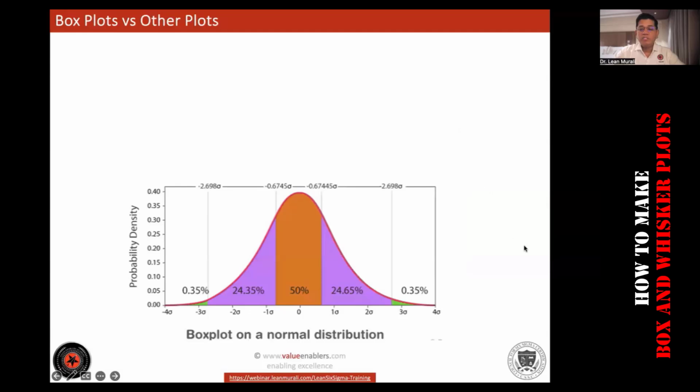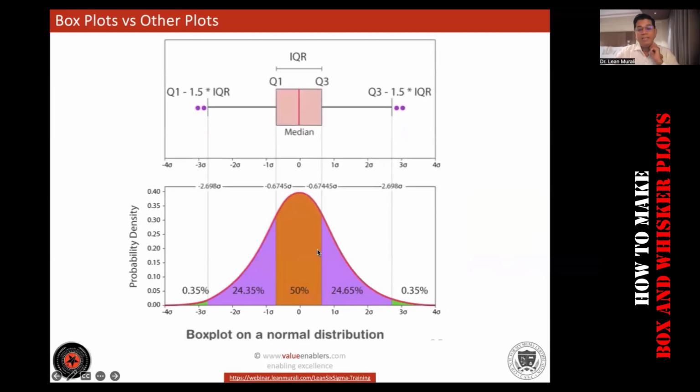The standard bell curve, if you want to convert that into a box plot: in the standard normal distribution, the center one is the median and mean, the 50% here is the interquartile range in the box plot, the pink portion is the whisker, and the green portion, which is outside, is called the outlier.